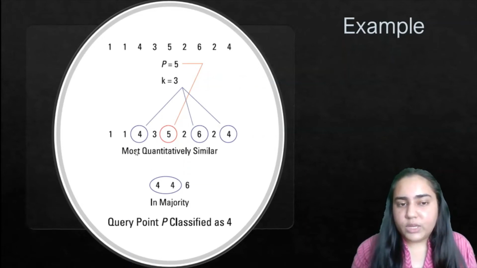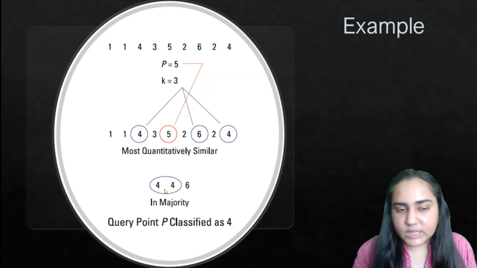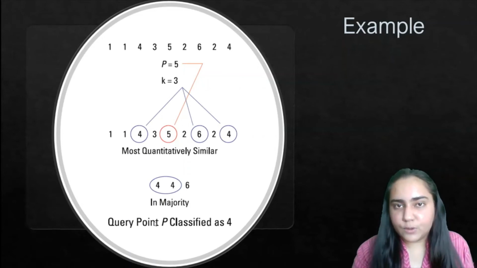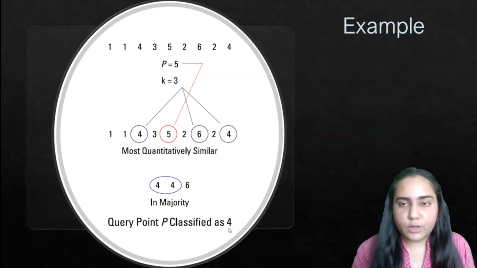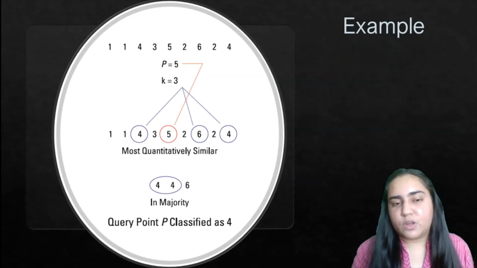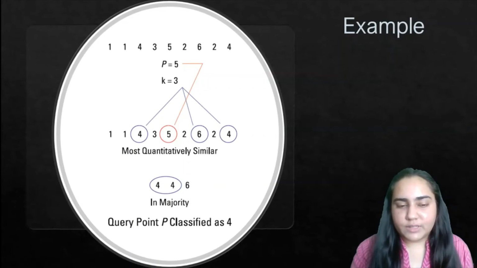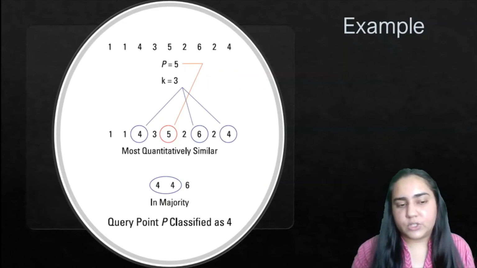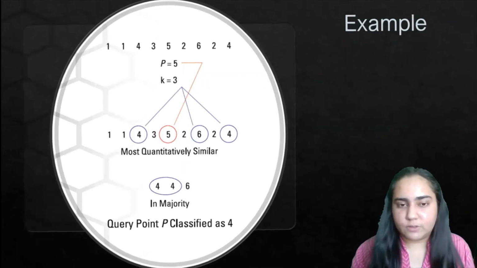So now we are just picking the points that are most quantitatively similar to 5, and those points are 4, 6, and 4. From here, 4 is found in majority, and that is why your new query point is going to be classified as 4. Then this process keeps repeating till convergence is achieved.